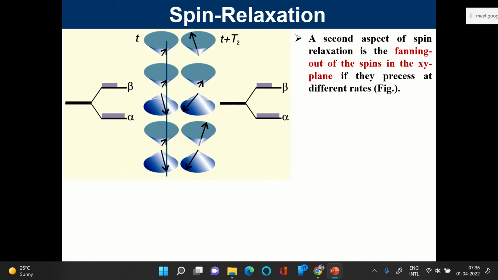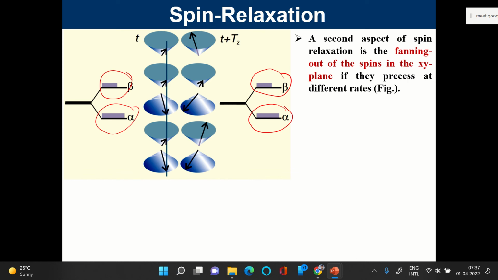Pay attention to the beta state and alpha state. We have seen that after the relaxation, after time T1, the alpha population is more than beta. Now in this type of relaxation, there is no change in the alpha and beta population. But what is changing? Look very carefully.